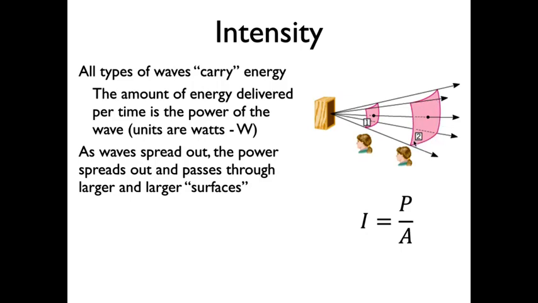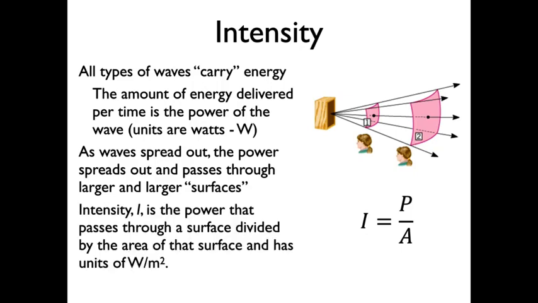And as the area increases, the sound gets less and less intense. So we define intensity as the power that passes through a surface divided by the area of that surface. So intensity is power per area, and intensity has units of watts per square meter, since surface areas have units of square meters.